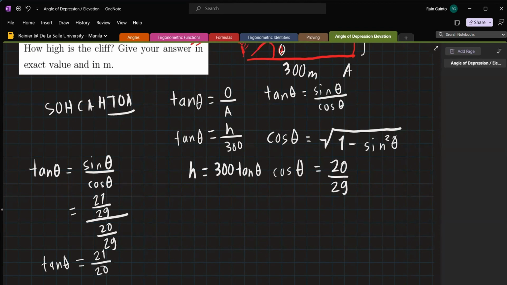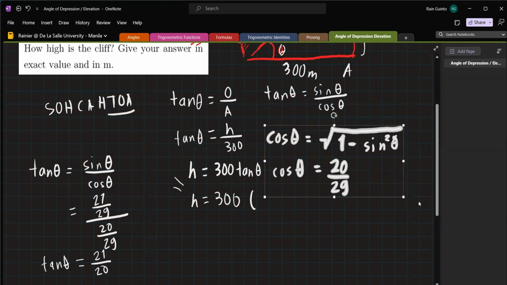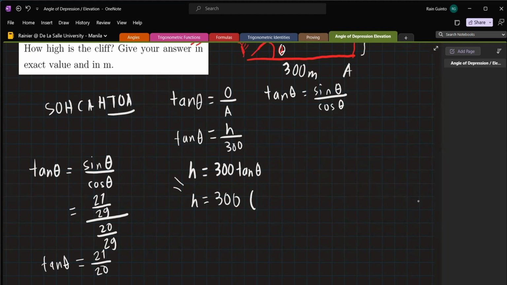From here, we can now solve for h. h is equal to 300 times tangent theta, and we already know that tangent theta is equal to 21 over 20. So we can further simplify it into 6,300 over 20, giving us h is equal to 315 meters.